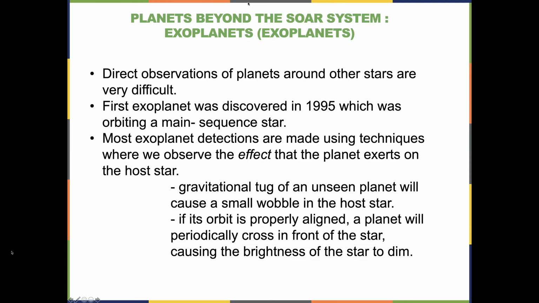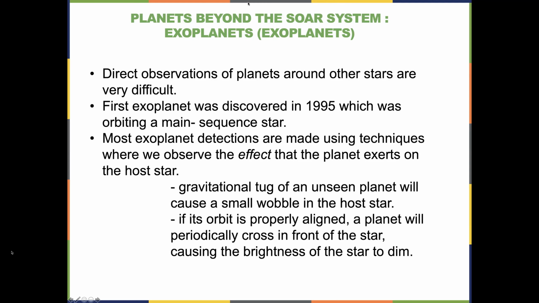So what are the methods that astronomers use to detect these planets outside our solar system, and also some of the results, right? So what kind of results we have up to now. So that is the aim. This will just give you a basic idea.